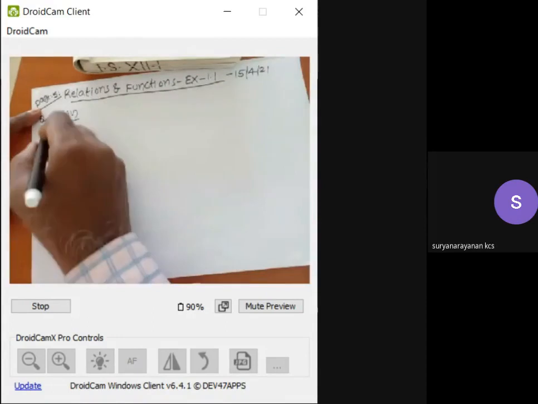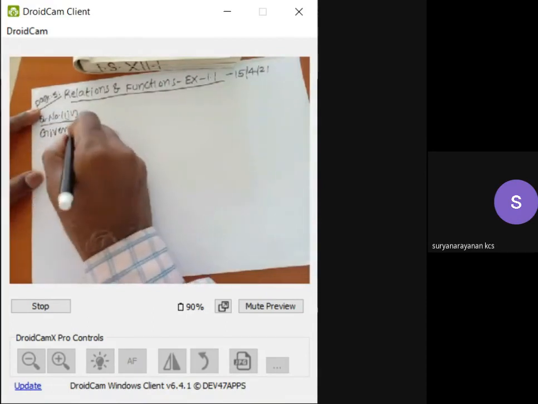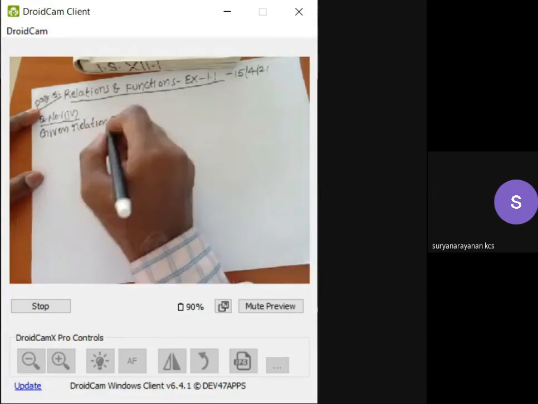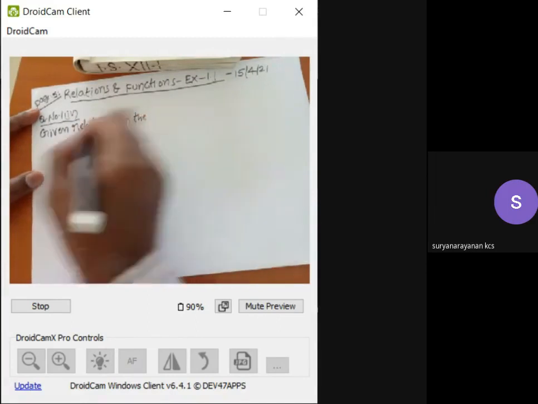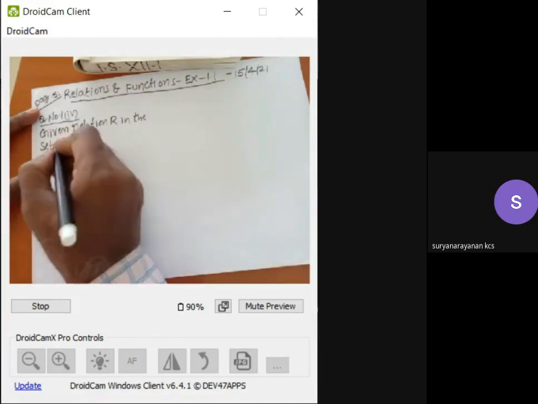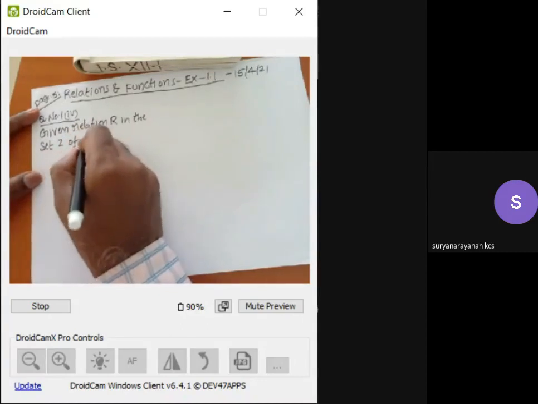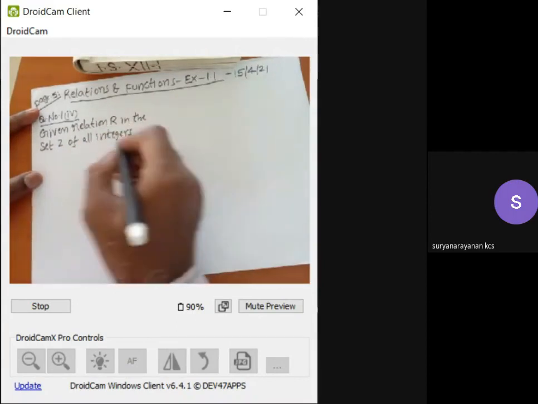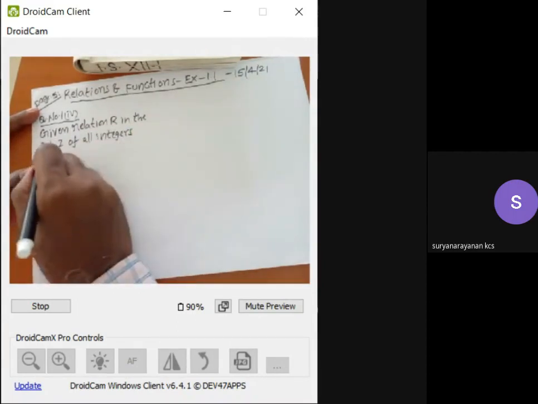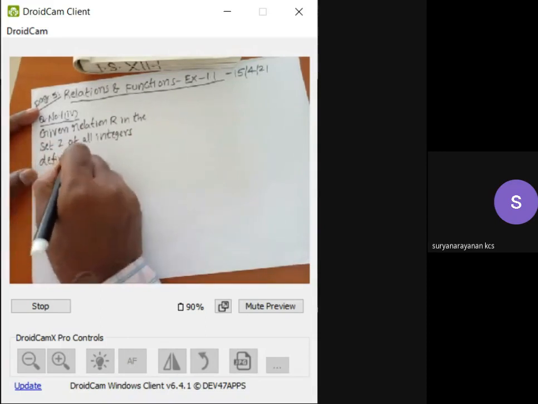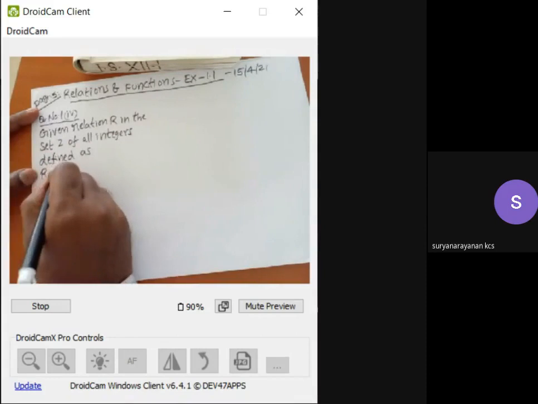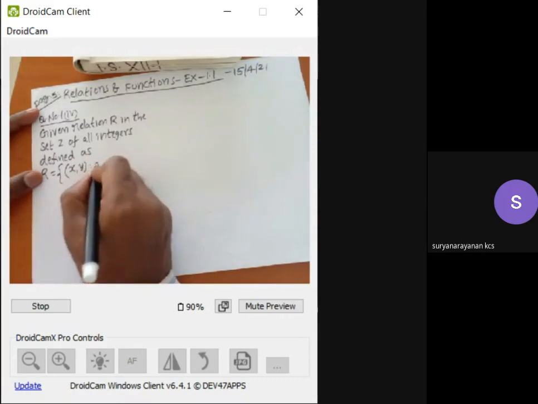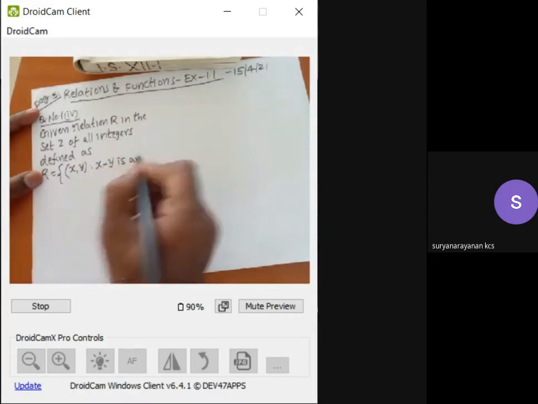Given relation R in the set Z, the set Z of all integers, defined as R equals the set of all ordered pairs (x, y) such that x minus y is an integer.